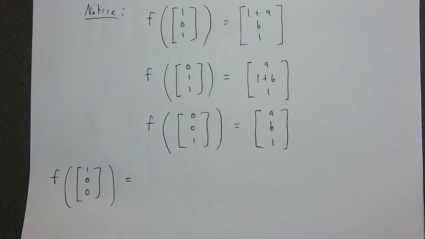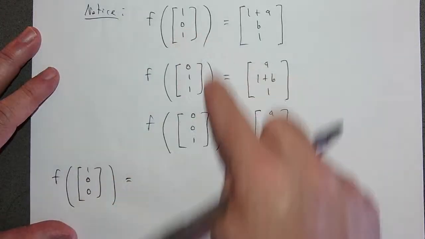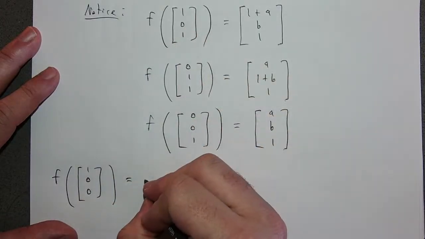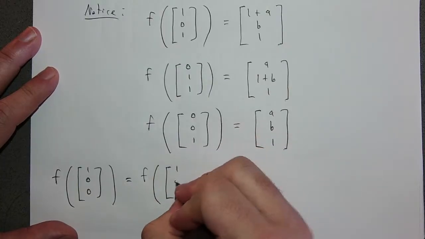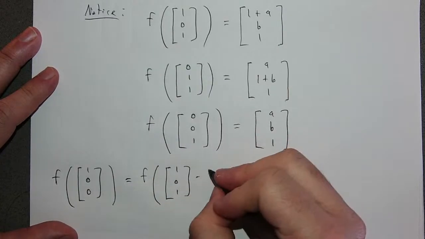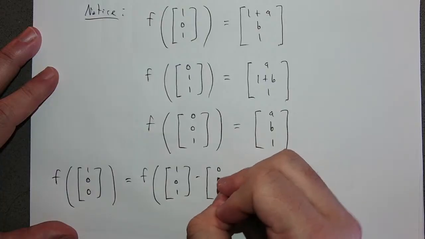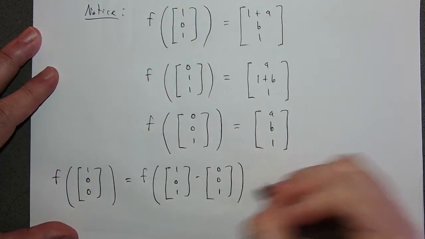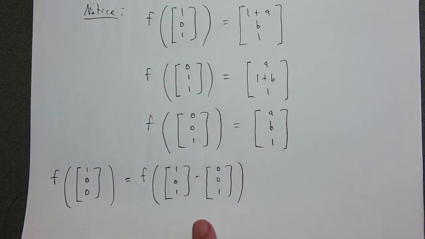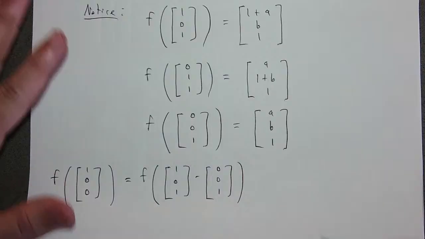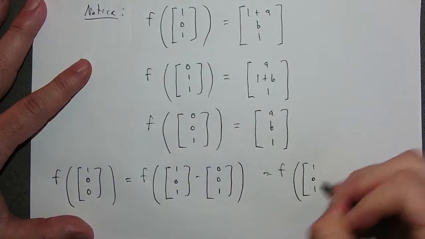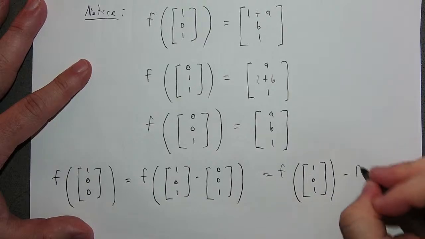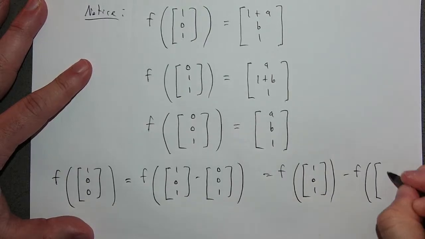Well, it's really this vector minus that vector. So this is f of (1, 0, 1) minus (0, 0, 1). But linearity tells me that this is simply f of (1, 0, 1) minus f of (0, 0, 1).